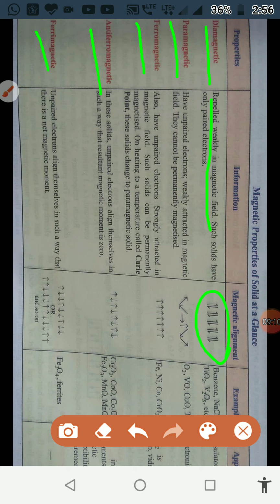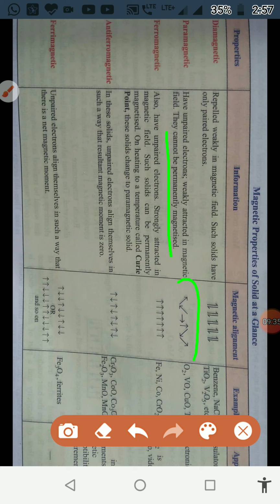Next, we shall move on to paramagnetic substances. Paramagnetic substances have unpaired electrons and are weakly attracted by the external magnetic field, but they cannot be permanently magnetized. They lose their magnetism when the external magnetic field is removed.